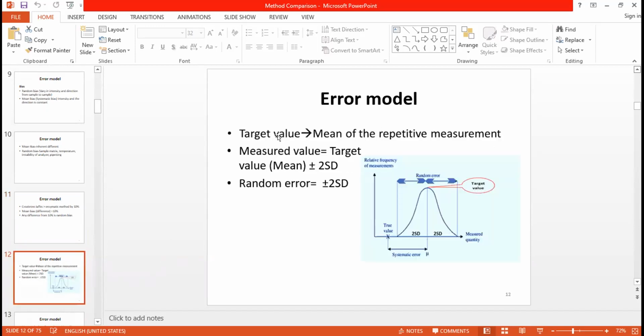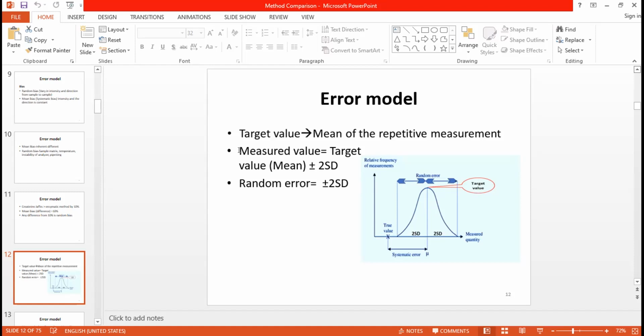Now, I told you that your target value is the mean value of repetitive measurements. But whenever you analyze your internal QC, for example, you will not obtain exactly your target value. Instead, you will be within plus or minus 2 SD from your target value.